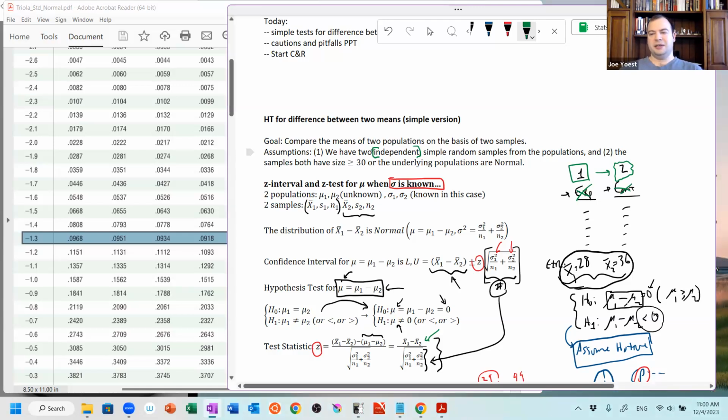But usually if I have the choice between setting up the experiment in a way that forces independence like that, or being able to use an inherent pairedness, I'm probably going to go for the pairedness, right? That's probably going to be the better setup.